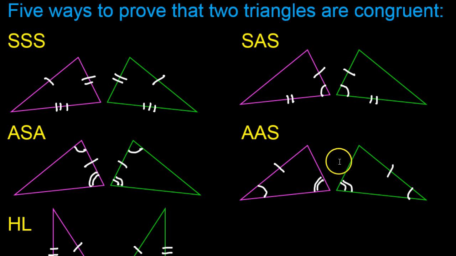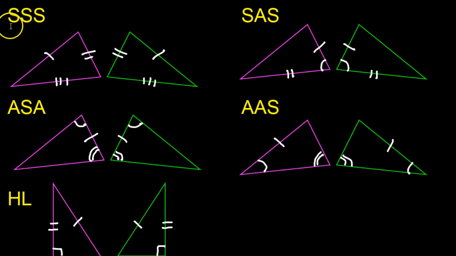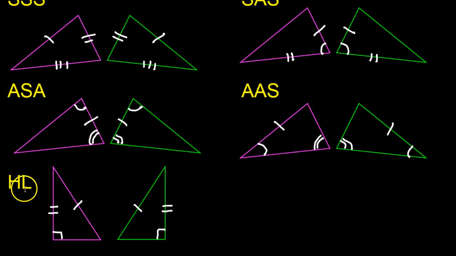There are exactly 5 ways to prove that triangles are congruent, and here they are. Notice that all of them involve sides. Side, side, side; side, angle, side; angle, side, angle; angle, angle, side. All 4 of these have the word side right in them. The only one that doesn't mention the word side is hypotenuse, leg.